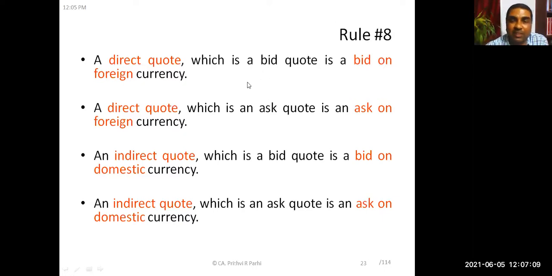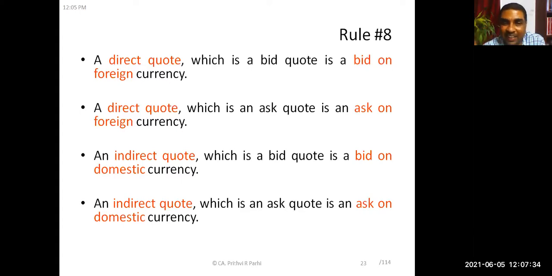That means foreign currency is the commodity which is going to be bought, if it is a buying quote. If it is an ask quote, meaning a selling quote, then the ask is on foreign currency. So when it is a direct quote, it is always the foreign currency which is bought and sold. But in an indirect quote, it is reverse. It is foreign by home.